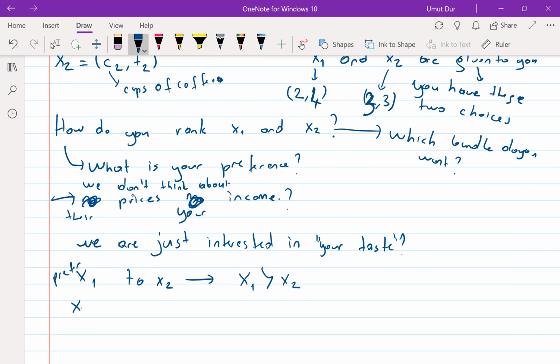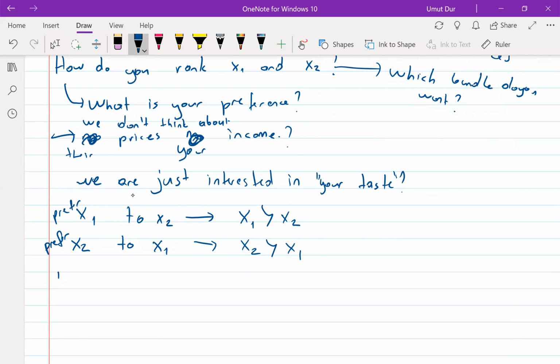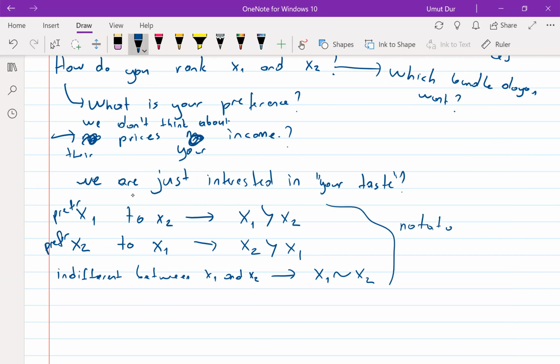If you prefer X2 to X1, then we write X2 is preferred to X1. And if you are indifferent between X1 and X2, then we write X1 is indifferent to X2. This is the notational representation.